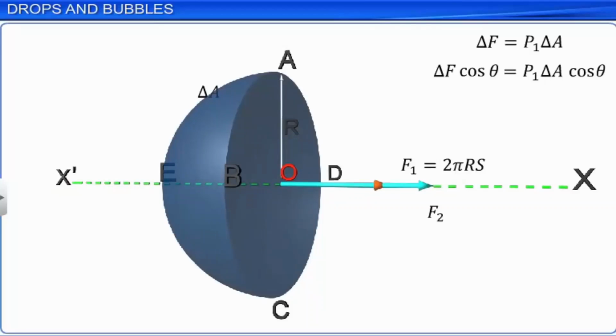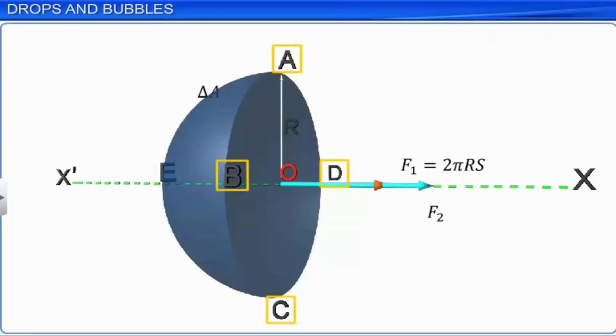The projection of the area of the hemispherical surface ABCDE on the plane ABCD is equal to the area of the diametric circle ABCD and is equal to pi r square. Thus, the force F2 is equal to P1 into pi r square and acts along OX.